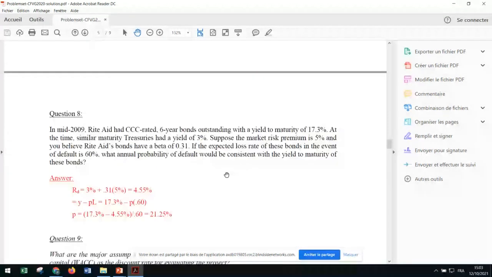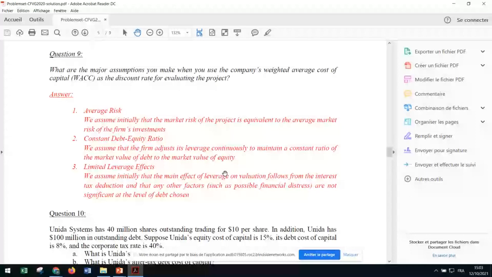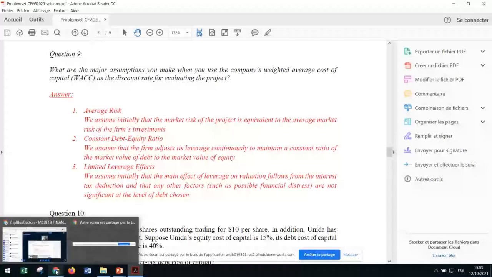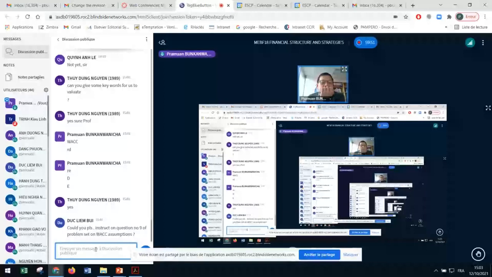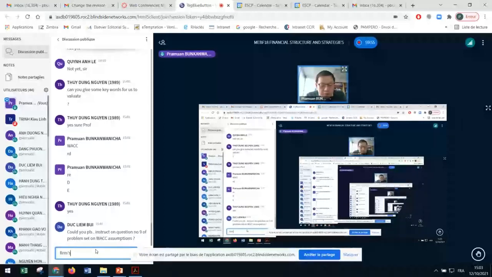Question number 9 is about when you are going to use the firm cost of capital as a proxy. What is the firm cost of capital, or the company cost of capital, that we measure in the form of weighted average cost of capital?